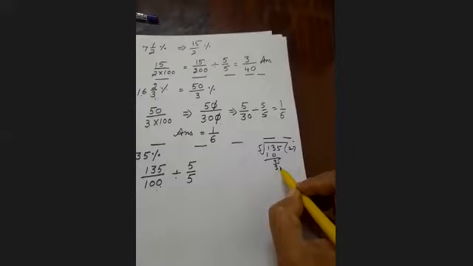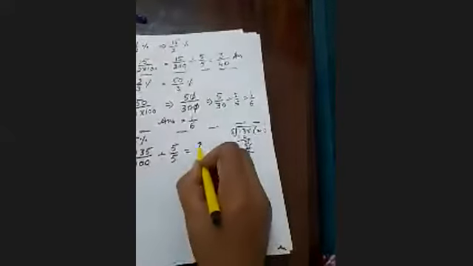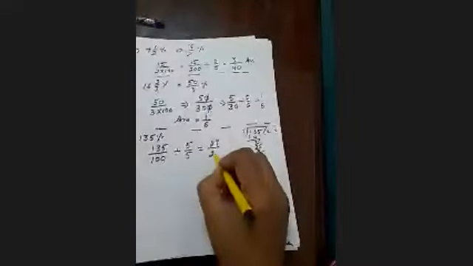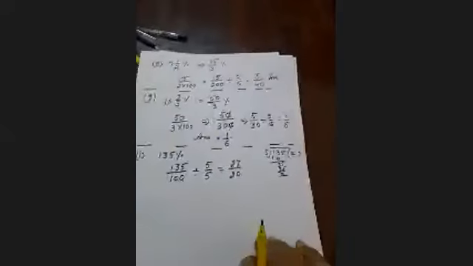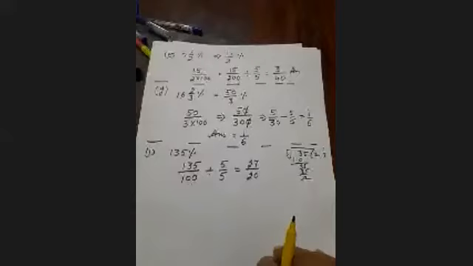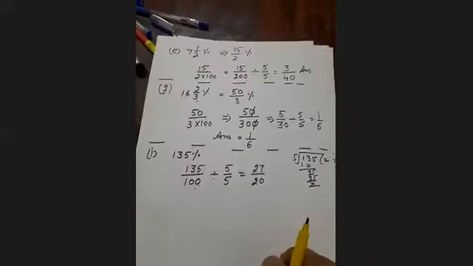When we divide 135 by 5, we get 27. Now 100 divided by 5 will get 20. So our answer is 27 upon 20.